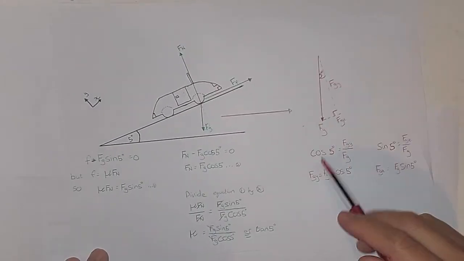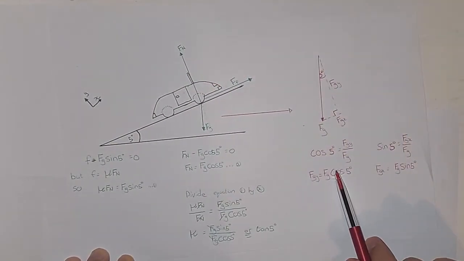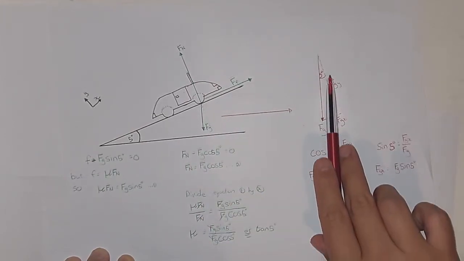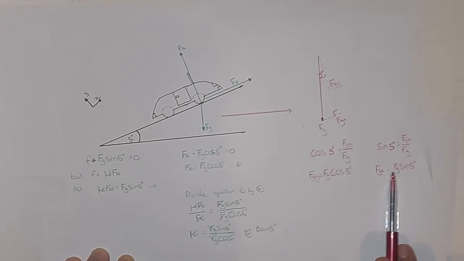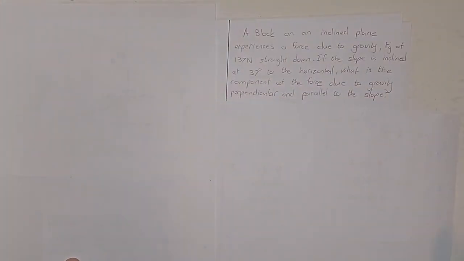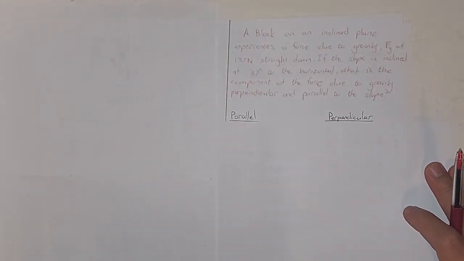Once again, here is my perpendicular, which is this one over here, FGY, can you see? And this is my parallel, FGX. All right. If you want to go back into that video, just so that you can remember, revise that as well.